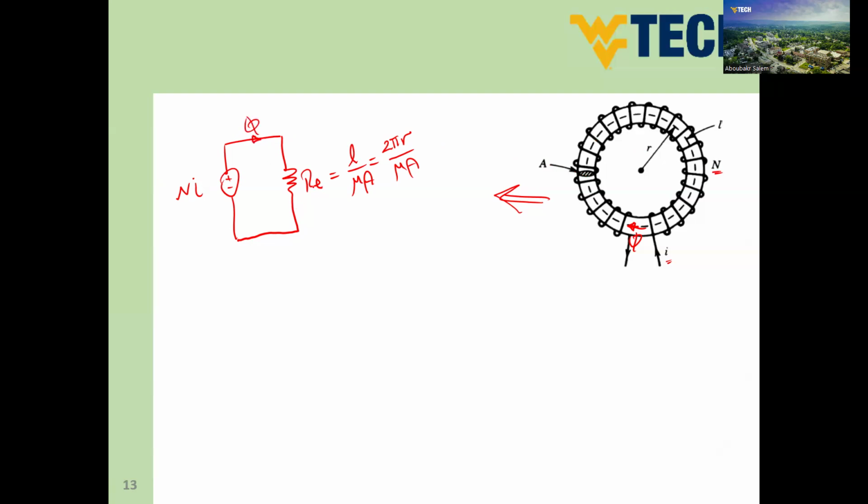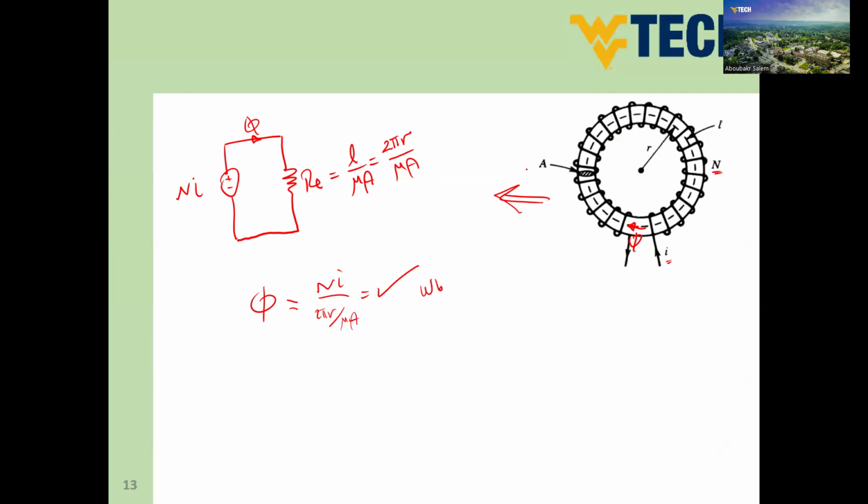So if you have these numbers, Ni and the reluctance, you can easily apply Kirchhoff's voltage law in this circuit and say phi equals Ni divided by the reluctance, which is 2 pi r divided by mu a. This gives you the amount of flux in Weber.